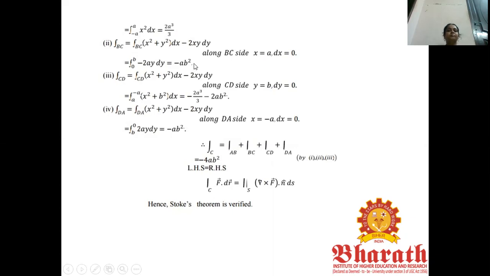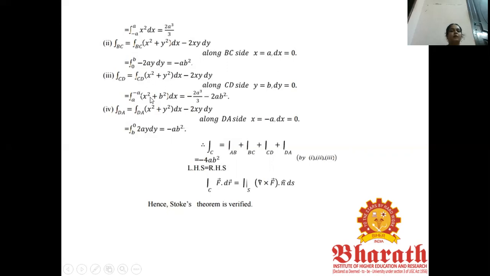Next, the third integral is along CD. The integral over CD of x square plus y square dx minus 2xy dy. So along CD, the side is y equal to b, which implies dy equal to 0. We substitute y equal to b and dy equal to 0 in the integral, with the limits from a to minus a.